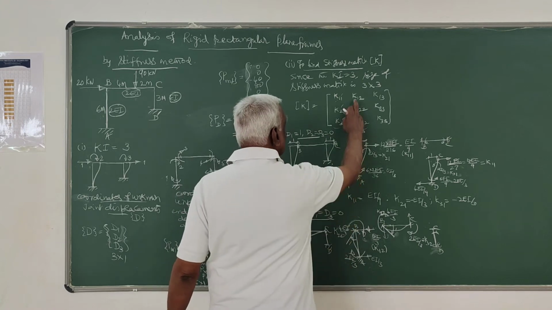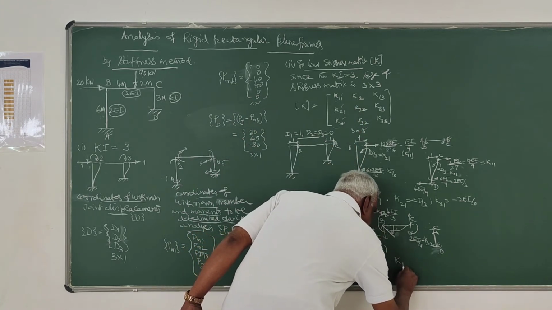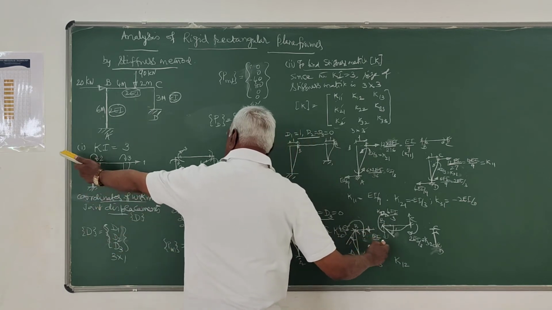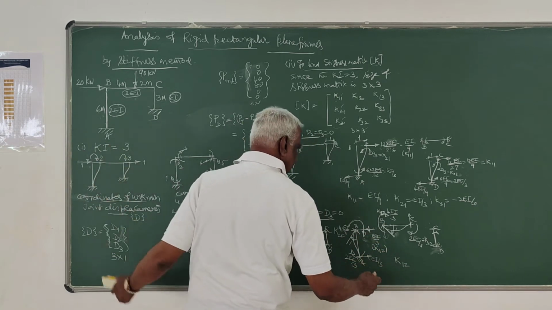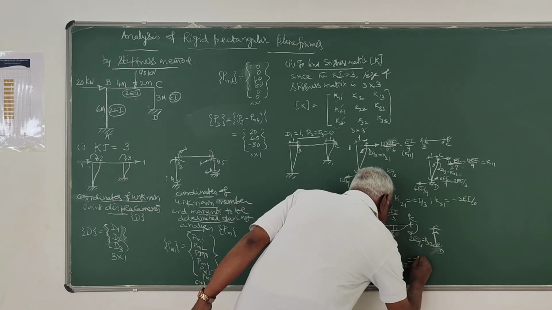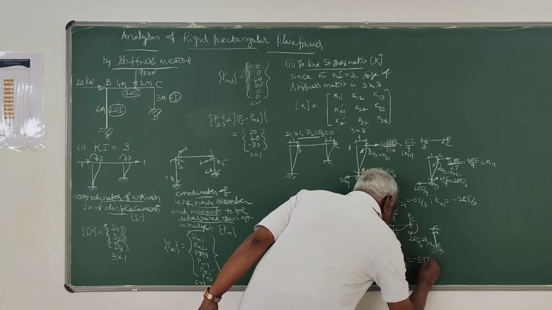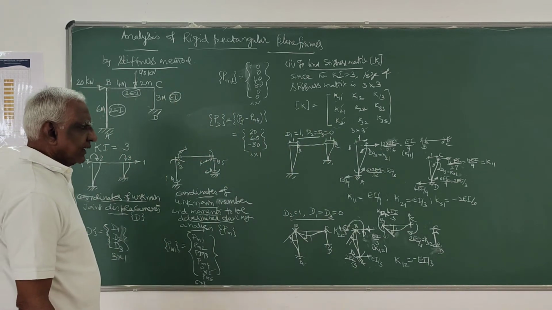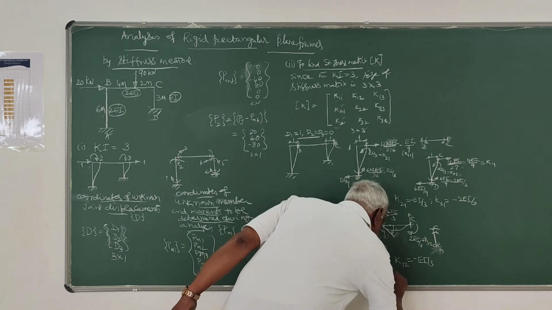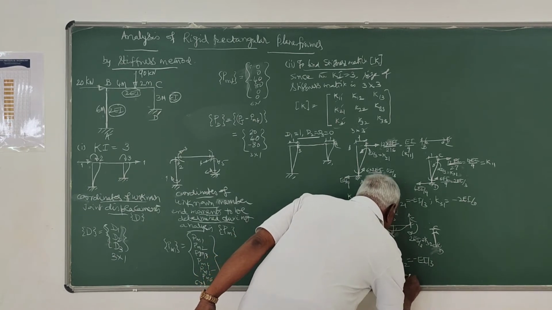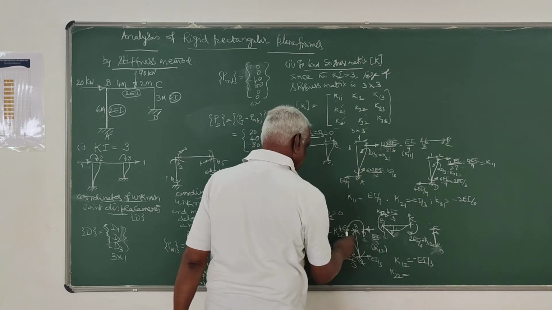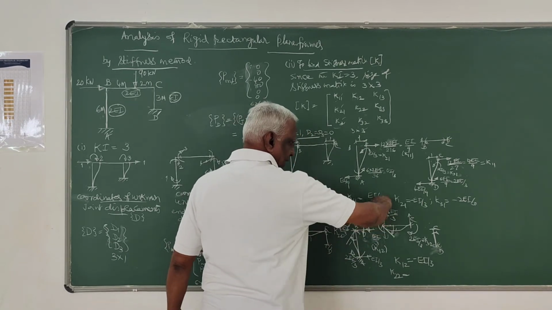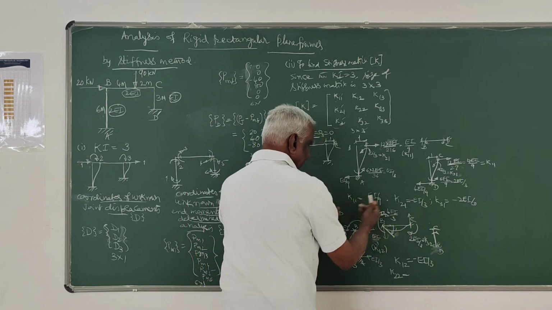Here K12 that you have determined is opposite to the coordinate direction given here, so this is minus EI by 3. K12 is minus EI by 3. Then the next element, K22: here 4EI by 3, here another 4EI by 3, both clockwise, so they get added up.